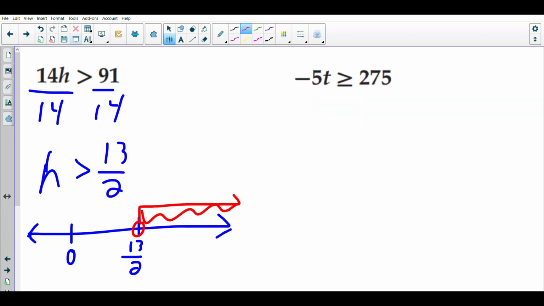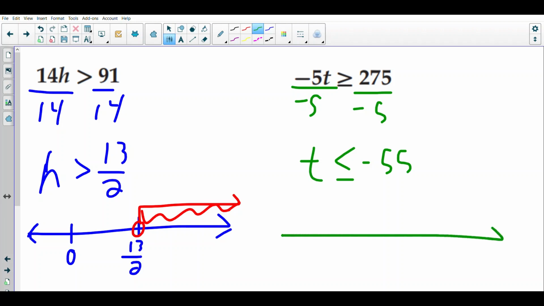Okay. Negative 5t is greater than or equal to 275. Once again, I'm going to follow my same rules. What I do to one side, I do to the other. So I'm going to divide by negative 5 on both sides. But now I have divided by a negative number. So it's going to become t is less than or equal to negative 55.